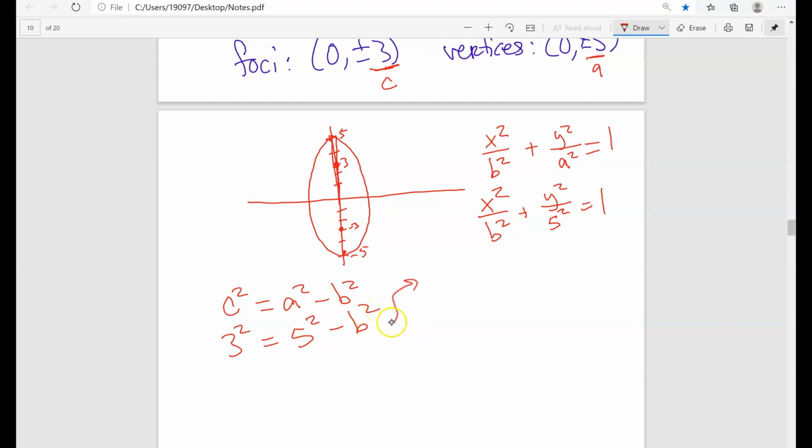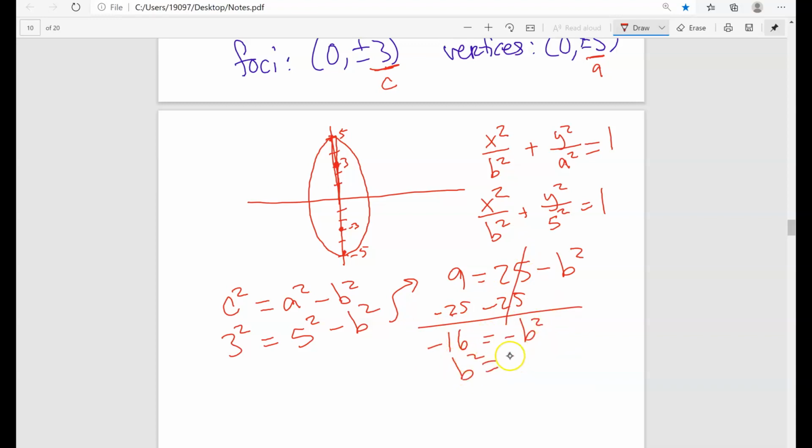So this is going to give me 9 is equal to 25 minus b squared. Subtract 25. You're going to get negative 16 is equal to negative b squared. Divide out the negatives. B squared equals 16, which then means b gives me plus or minus 4.